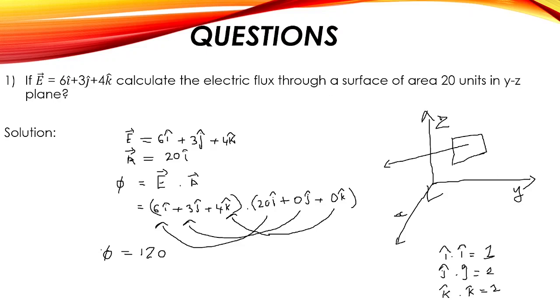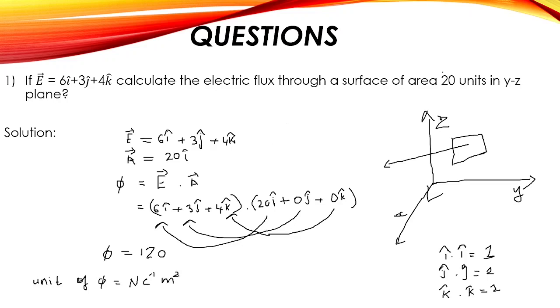So we have electric flux is equal to 120, and what is the unit of electric flux? You have already studied it in your 11th class, how to derive the units, right? So the unit of electric flux is Newton Coulomb inverse meter square. I will write it here, unit.